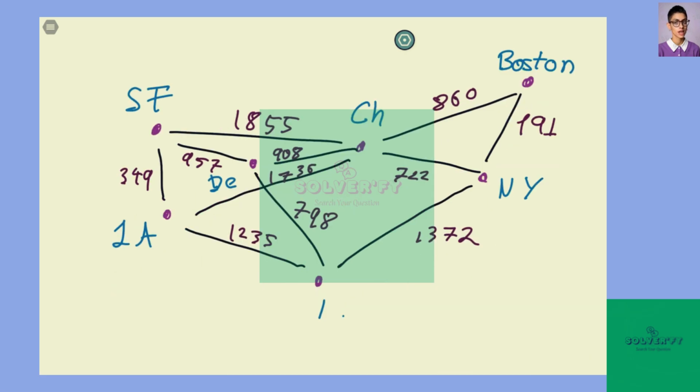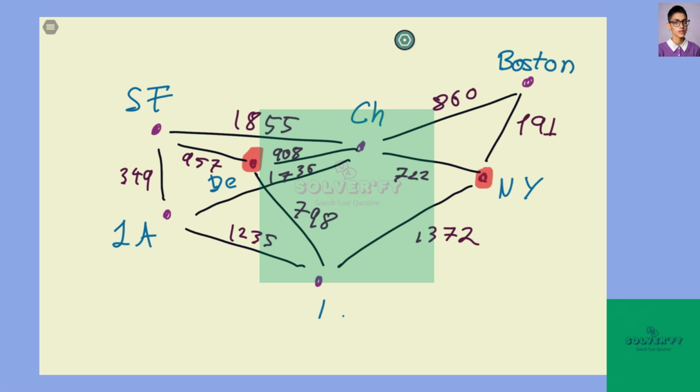We got one more path to find, and it is from Denver. So now we should move from Denver to New York. Okay. So which could be the possible paths?